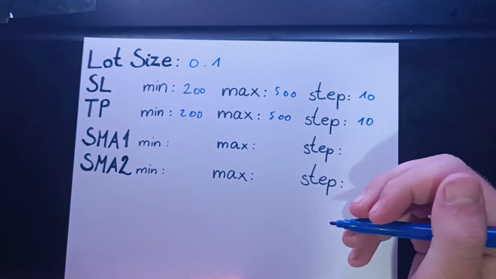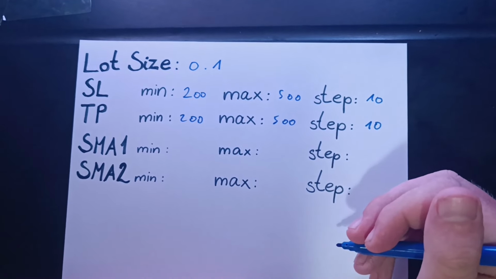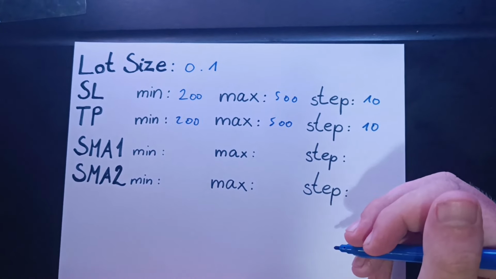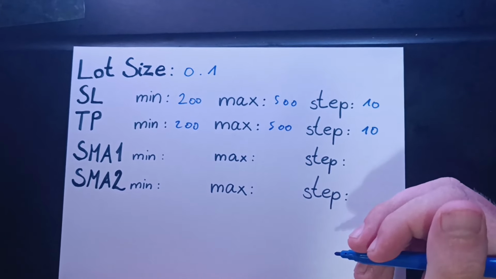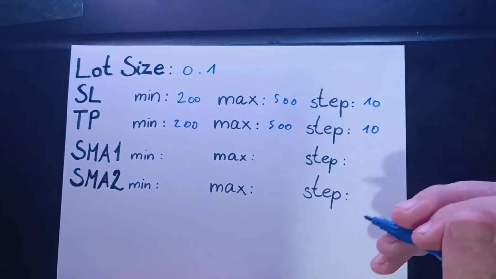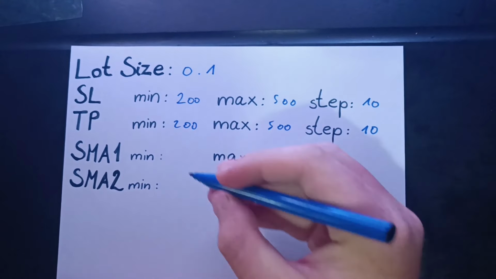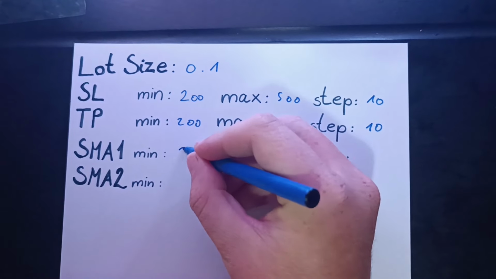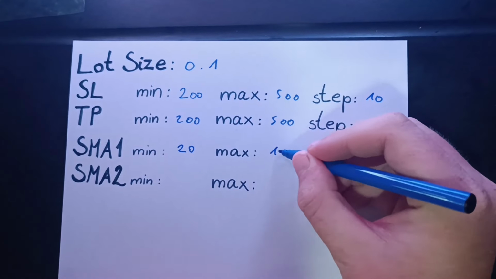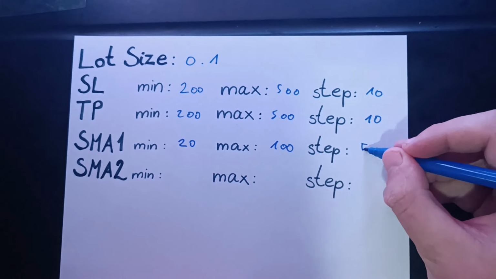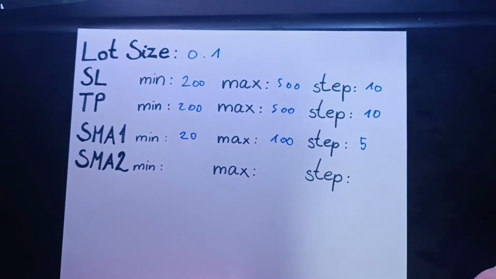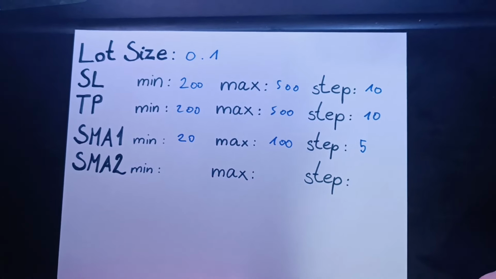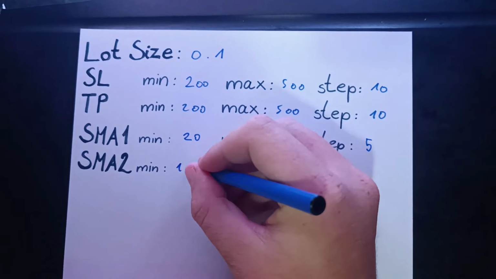Also, we are going to optimize the first indicator, the moving average that is crossing the bigger moving average, from, I would say, 20 to 100, and the bigger, longer period moving average that is waiting to be crossed from 150 to 300.